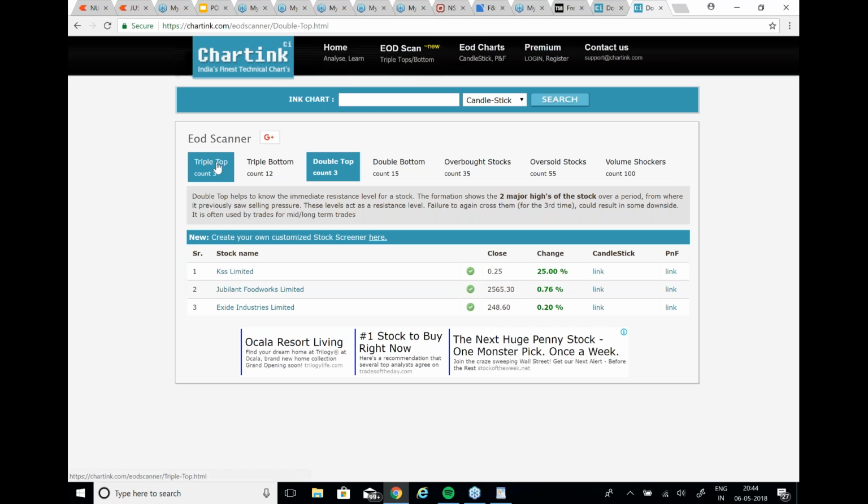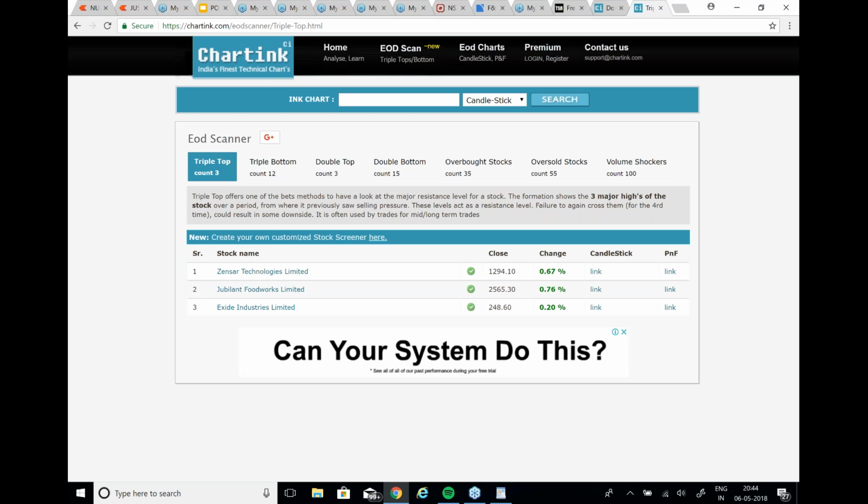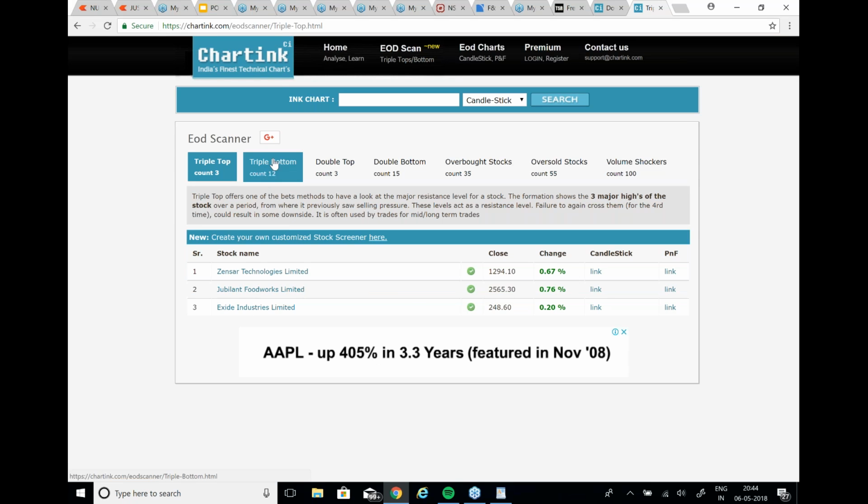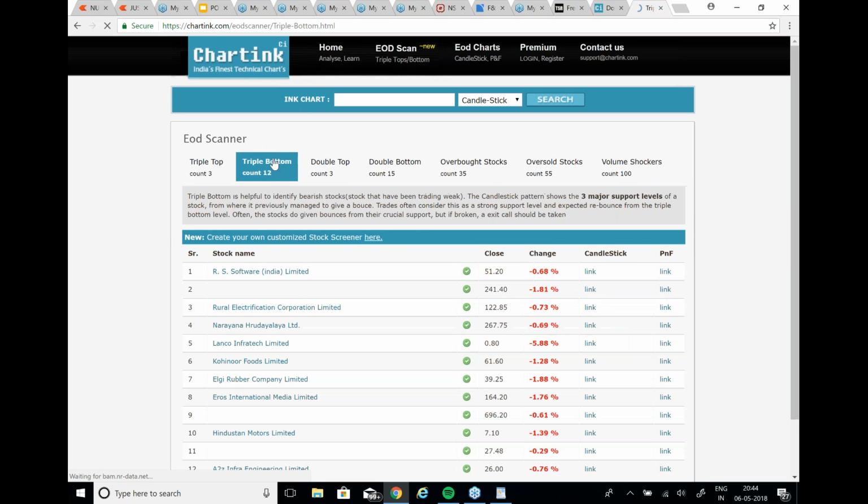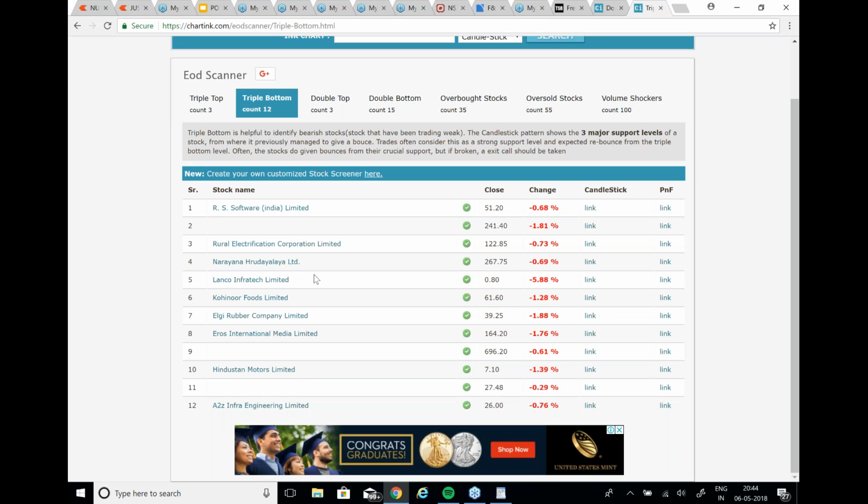Let's see here. If you see the triple top, Zensar Technology, Jubilant Foodworks, and Excite. I'm just going to show you all of these. Triple bottom. So how many stocks for triple bottom? You see RS Software, Rural Electrification, Narayana Hrudayalaya, Lanco Infra. It's a penny stock, so leave it. Forget about it.